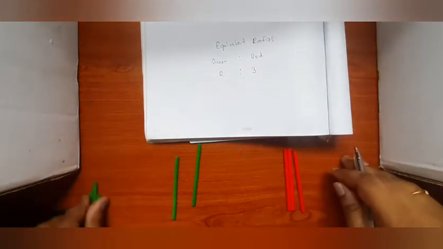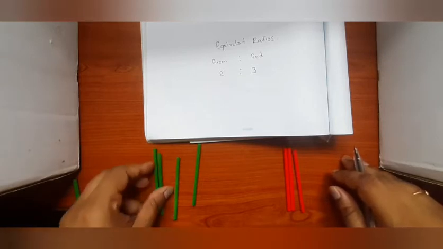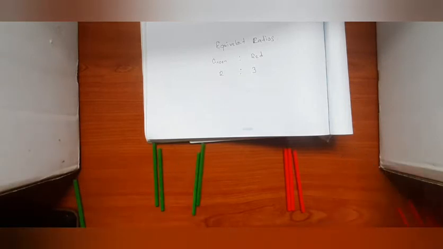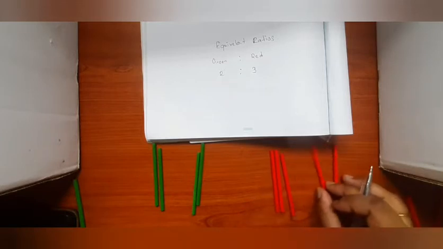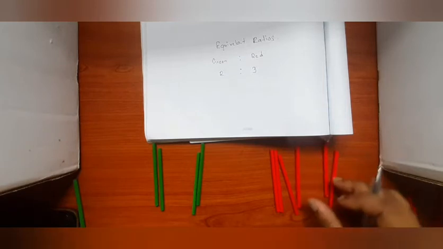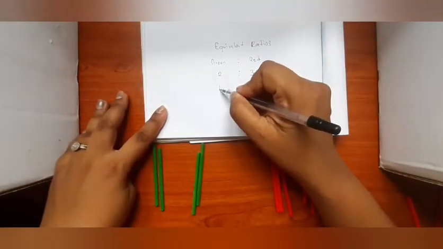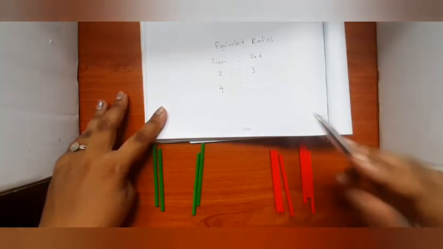Now I am going to double the number of sticks in each color. That means I am doubling the previous amount. Now here we have 4 green sticks and 6 red sticks.